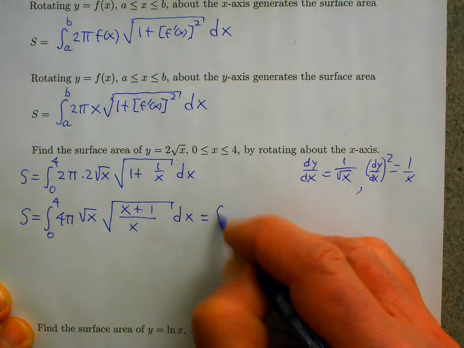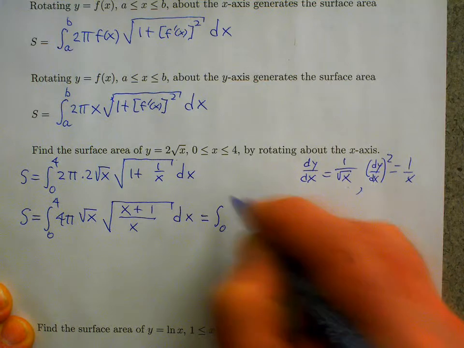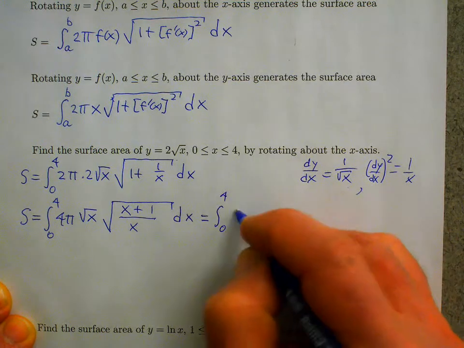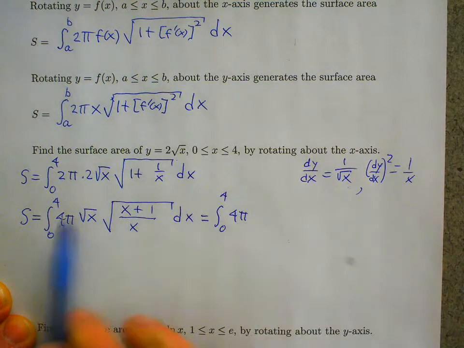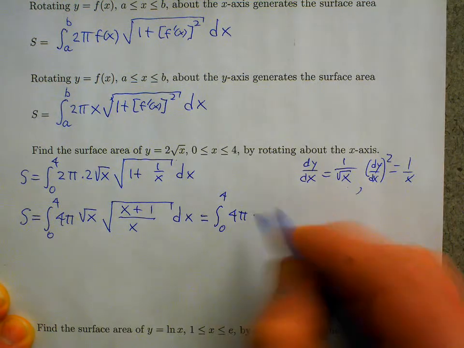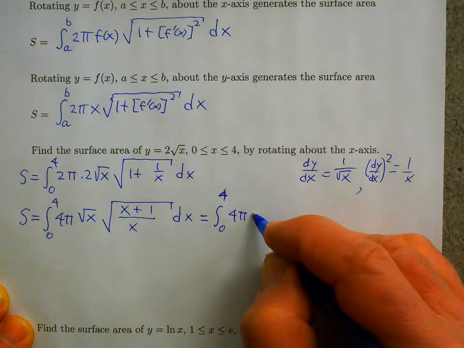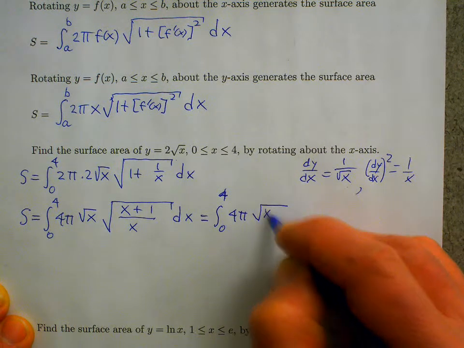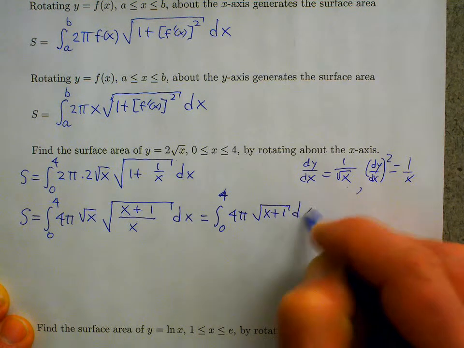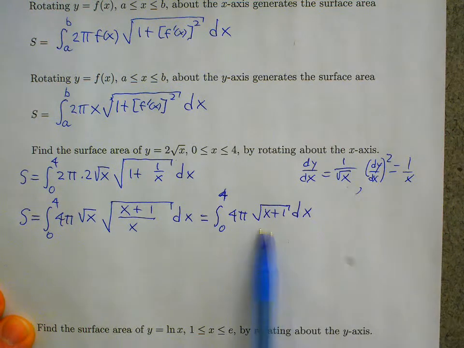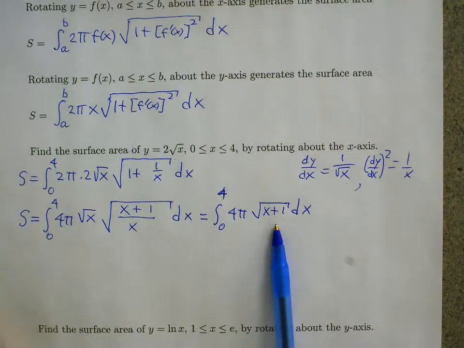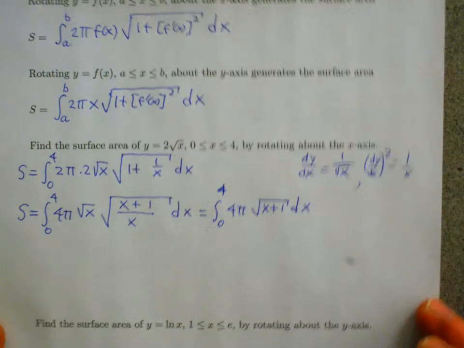So let's write down the result we get from doing that. The square root of x cancels, so we just get the definite integral from 0 to 4 of 4 pi times the square root of x plus 1 dx. And this is a fairly simple integral to evaluate.